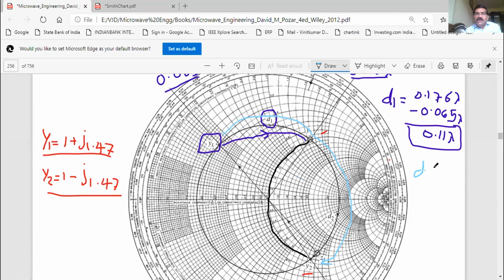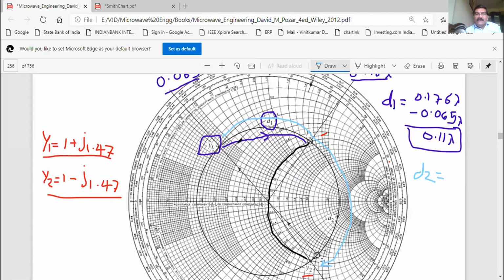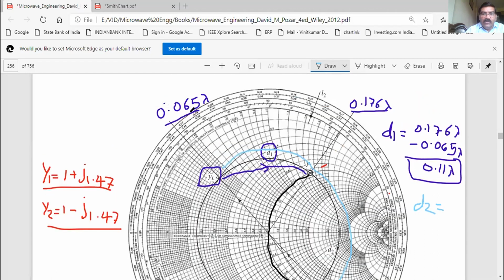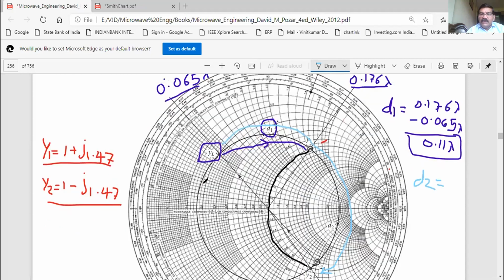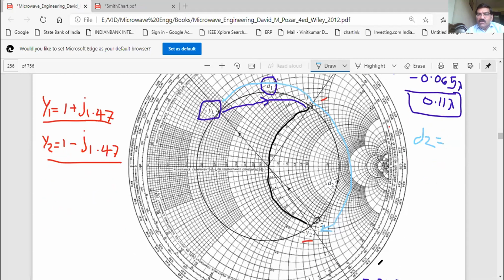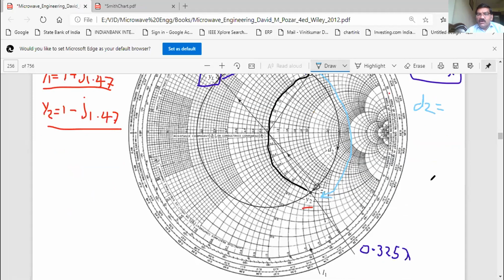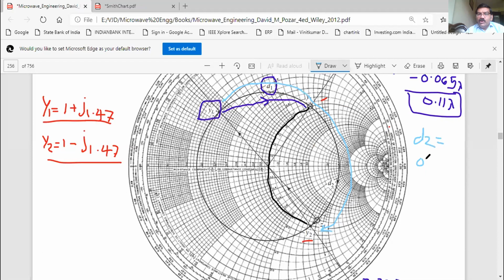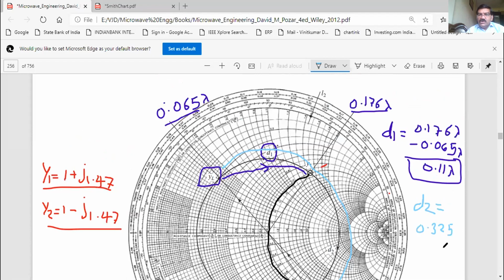So your D2 is again the difference of what? What is this value? 0.065. Why 0.065? Because the reference is YL, that we have to take. And the other is 0.325 because it is for Y2. Now take the difference of these two: 0.325 lambda minus 0.065 lambda, both are lambda.